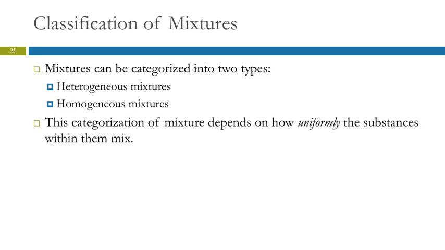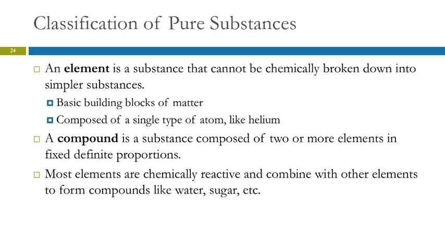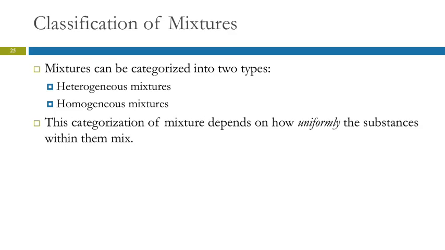The other half of that chart was mixtures. Mixtures can be divided into heterogeneous and homogeneous. So a mixture has two or more components, and the prefixes here help us understand what these words mean. Heterogeneous, hetero is a prefix meaning different, and homo is a prefix meaning the same.